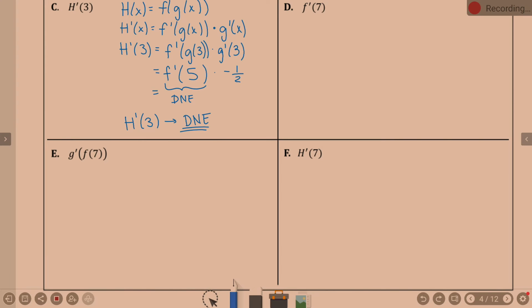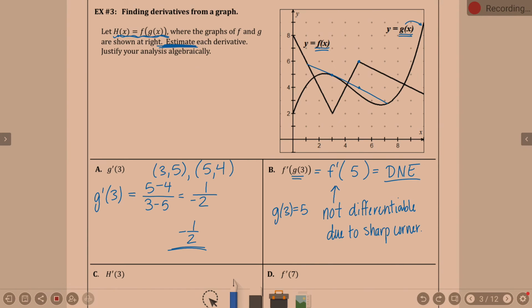Thoughts on f prime of 7? F is my pointy function, right? F of 7 is right here. What are your thoughts on f prime of 7?